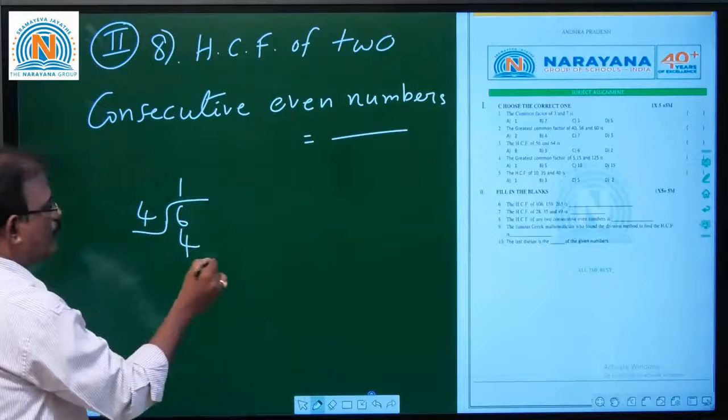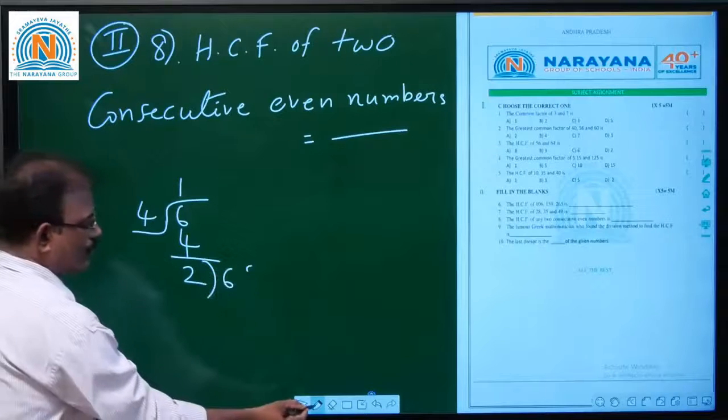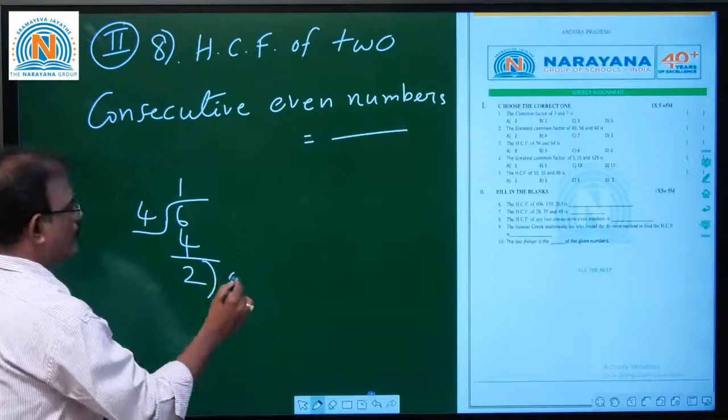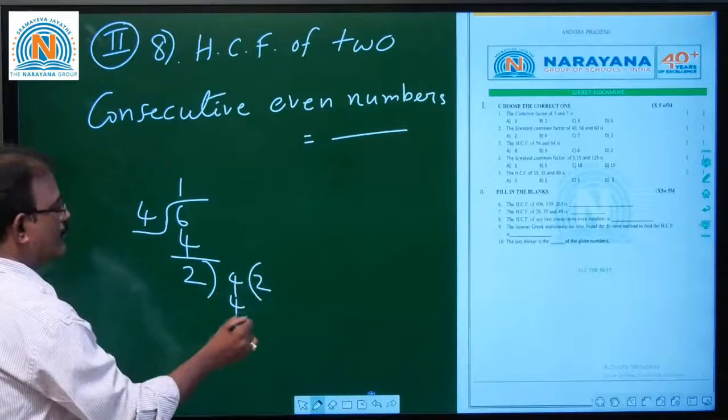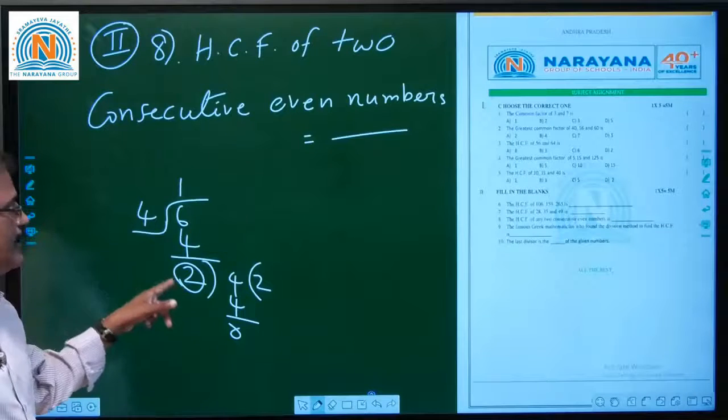Four ones are 4. Remainder 2, the divisor will take place. Then 2 times. So the last divisor is taken as the HCF, that is 2.